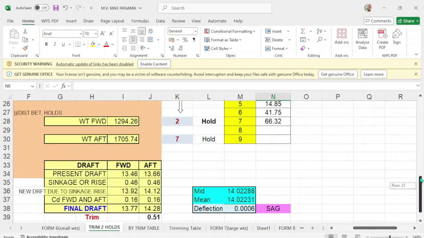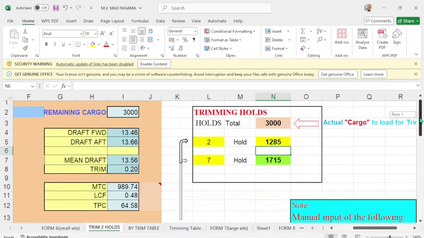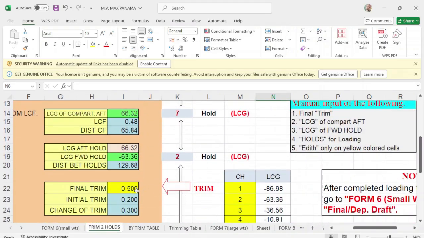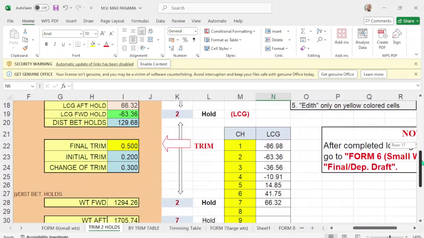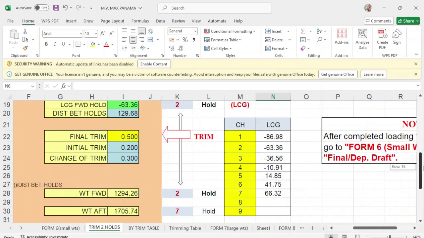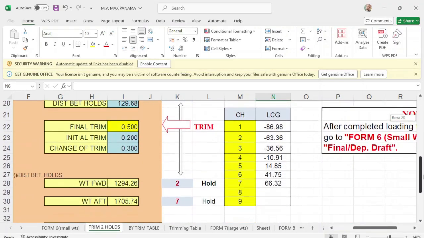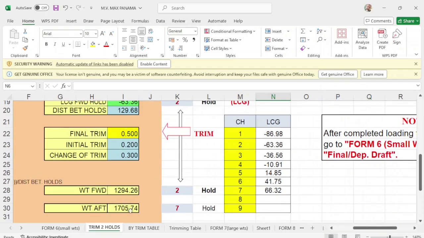Now you have your 3000 here, and your trim is 50 centimeters. How much are you going to load in hold number 2? He says 1294. So you put here 1294. And your number 7 will be 1706. And you have here 1706 if you run it up.